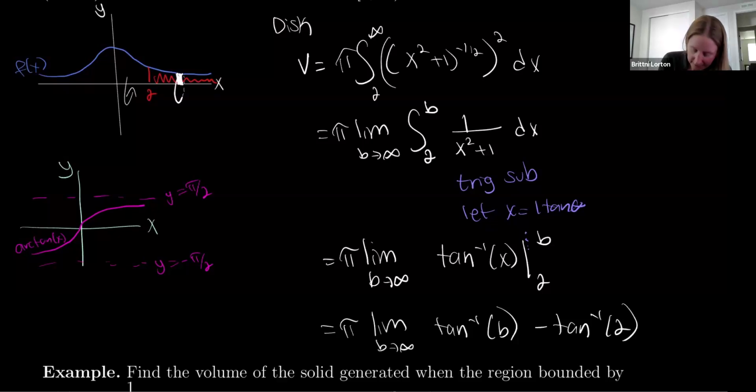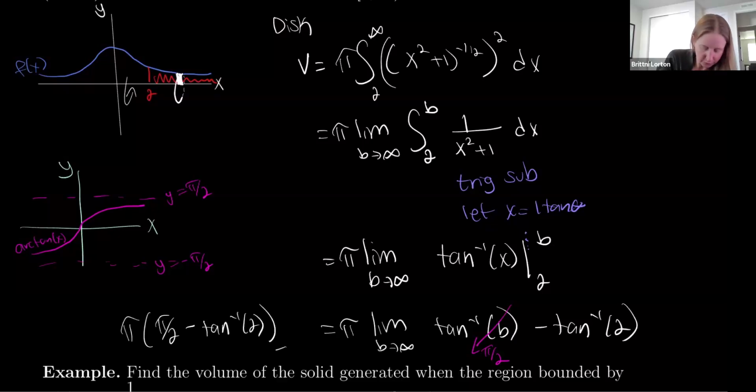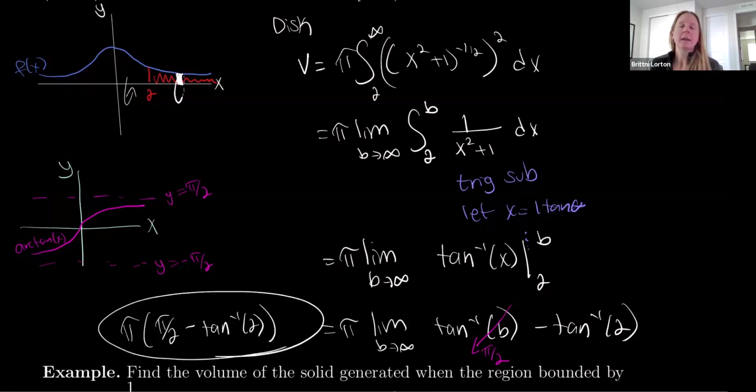But either way, that means that as b approaches infinity, this approaches pi over 2. So my final answer was pi times (pi over 2 minus tangent inverse of 2). And so this volume converges because I got a finite number. Units cubed because we found a volume. Ta-da!